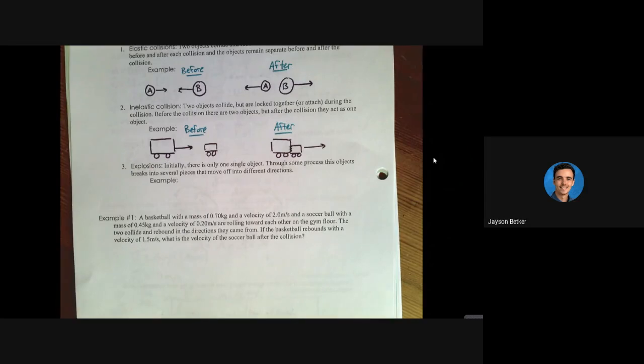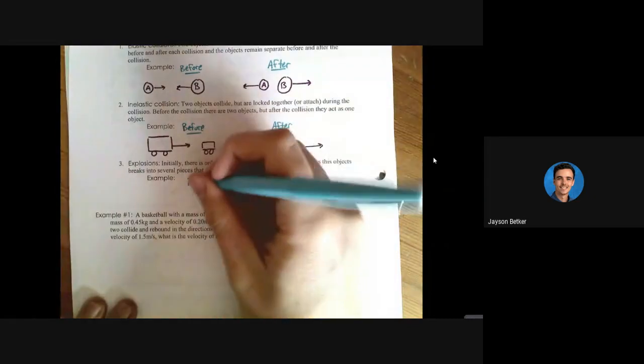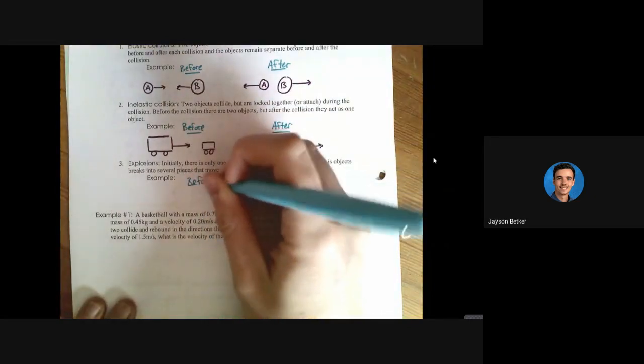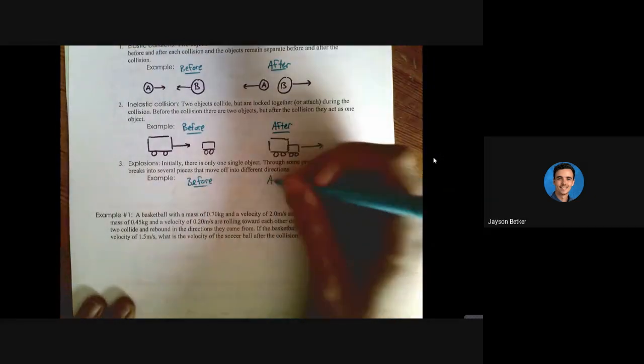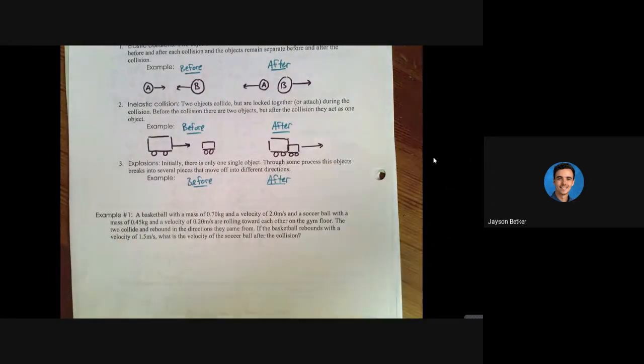Finally, our third type is an explosion. So it's not necessarily a collision, it's almost the opposite of a collision. It's the opposite of inelastic. Initially, there's only one single object, and then through whatever process, it breaks into 2 or more pieces that move in different directions. So before and after. Well, before, let's use just maybe the most simple example.